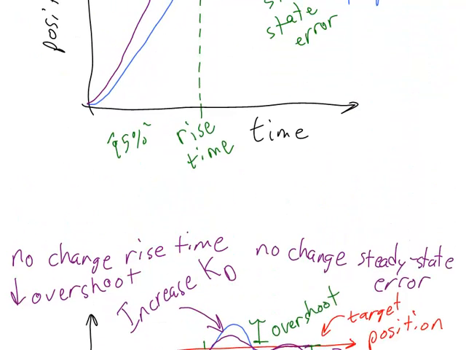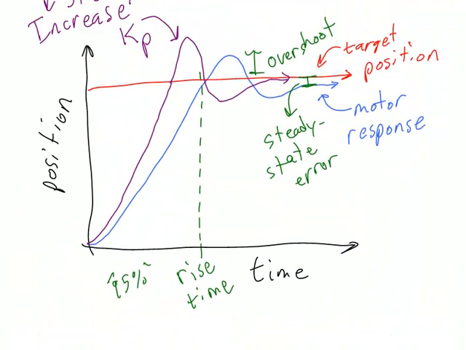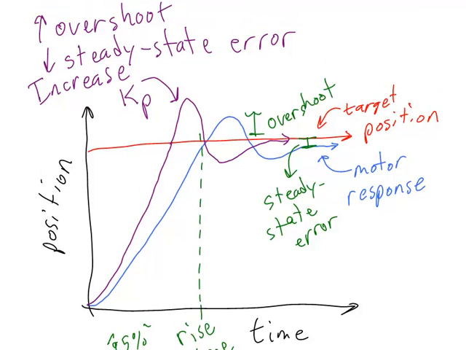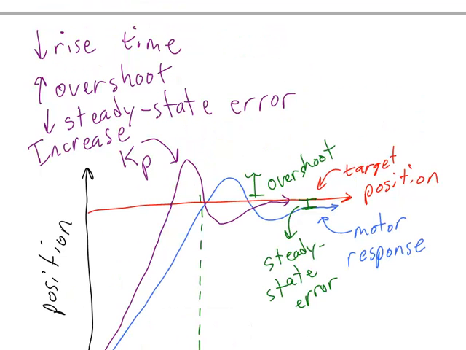Now, remember what we said the effects of increasing Kp were. When we increase the proportional control, we reduce the rise time and reduce the steady state error. Those are good, positive effects of increasing Kp. The negative effect of increasing Kp is that we increase overshoot.